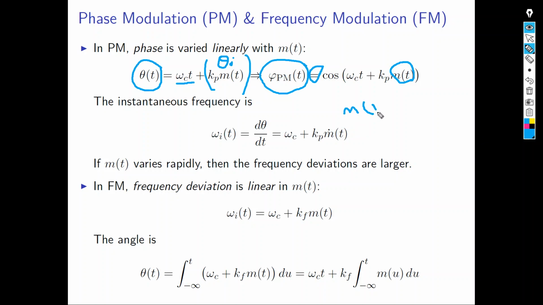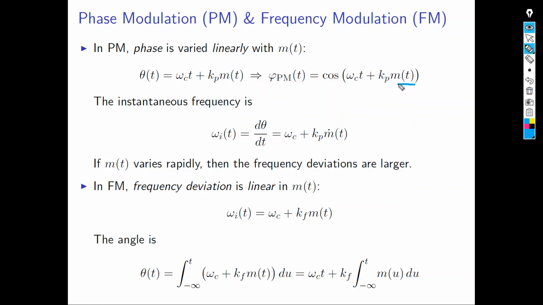It was m of t multiplied by cosine omega c t. Anybody remembers this basic modulation? This is double sideband suppressed carrier. Instead of the amplitude, you put m of t. Here, instead of the phase of the carrier, we put the message signal. Is that clear?